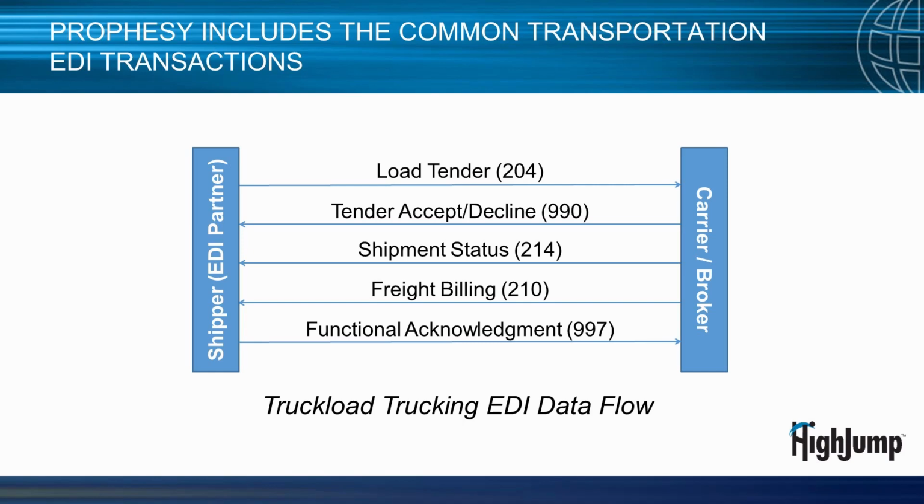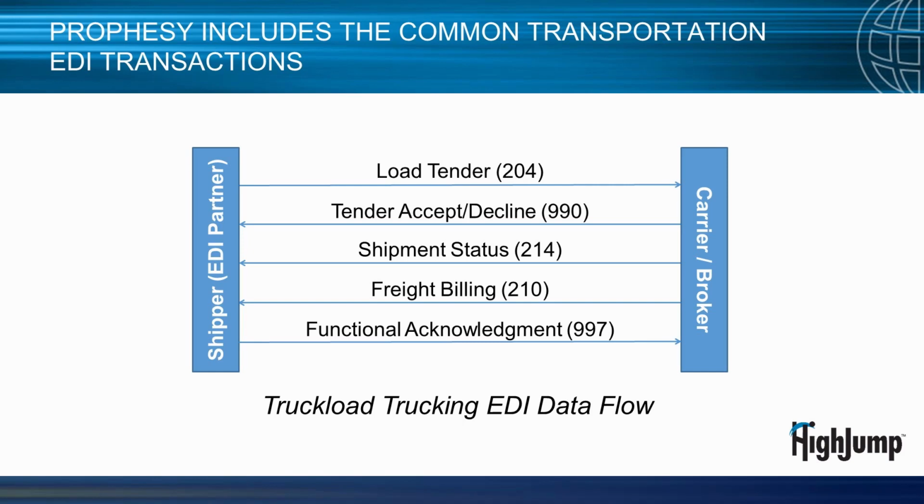There is generally a response time requirement of 1 to 2 hours to return the 990 accept or decline. If it is not responded to in this time frame, then the shipper may pull the transaction back and offer the load out to another carrier. The 204 coupled with the 990 is a very time-sensitive process, so it's particularly important to pay attention to that.